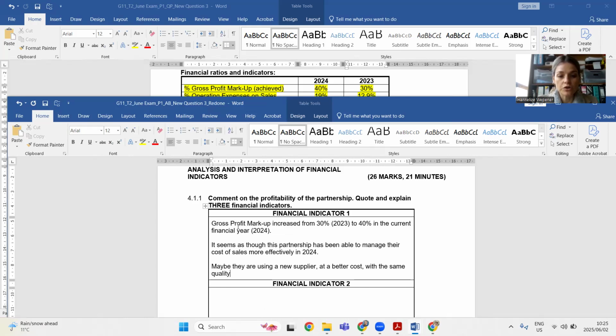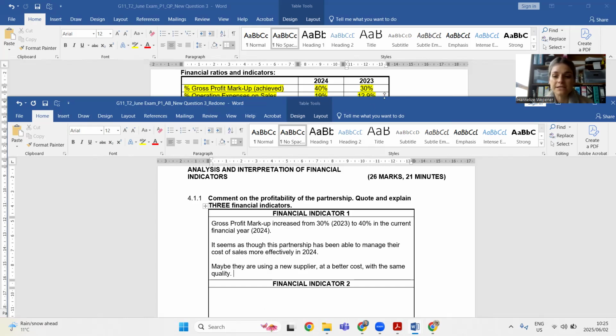Remember, we said that we don't want to increase our profit markup if our quality remains the same, unless, of course, the competitors have a much higher markup. Then you can do it. But we usually say that if the quality remains the same, please do not just increase your gross profit markup by 10%. That's a bit excessive, right? So that is more or less what was happening here.